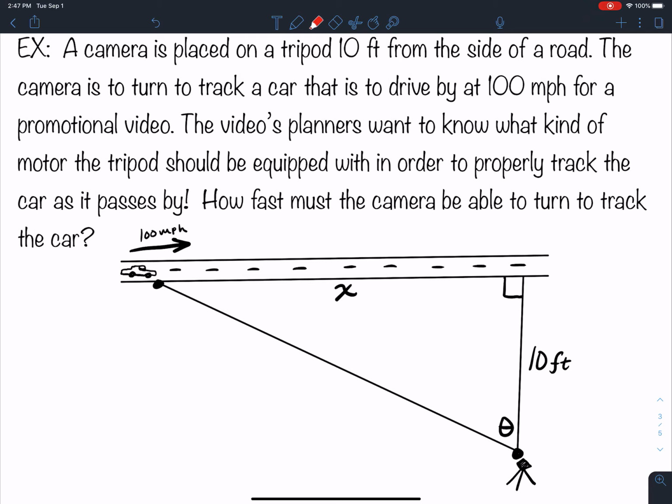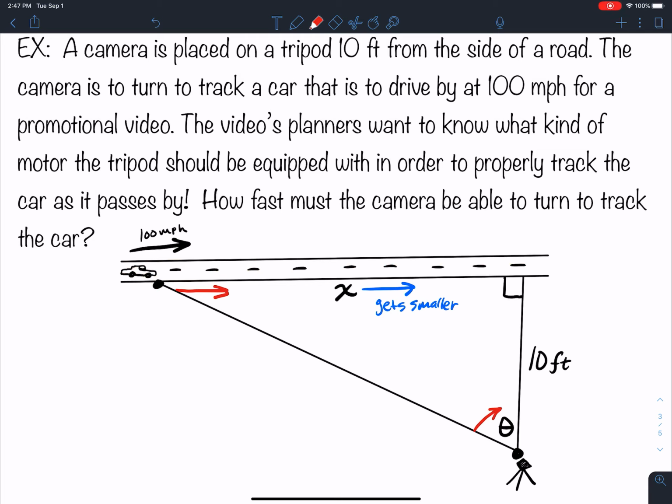Okay, so the car is traveling at 100 miles per hour to the right. So as we go to the right, the value of x is actually getting smaller. It's decreasing. Okay, so dx/dt, the derivative of x with respect to time, should be negative since we're shrinking as time passes. Remember, the car is getting closer and closer this way.